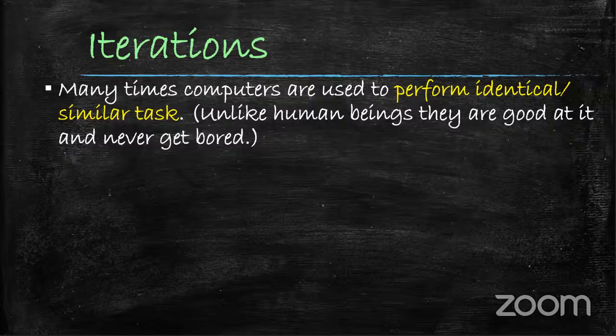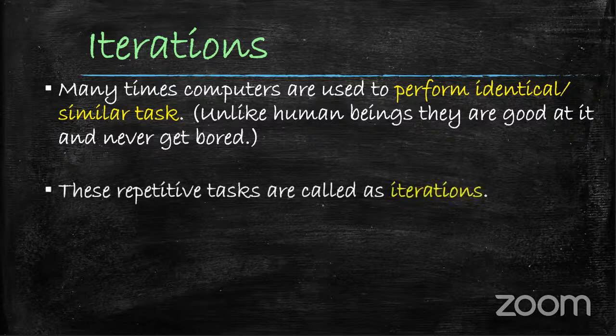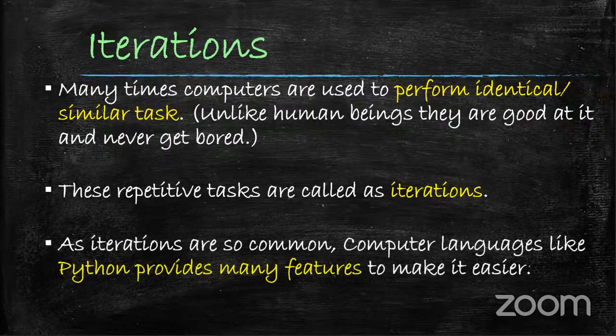If we are asked to do one task 1,000 times, we will get bored after some time, but computers don't. These repetitive tasks are called iterations. As iterations are so common in computer languages like Python, Python provides many features to make it easier.